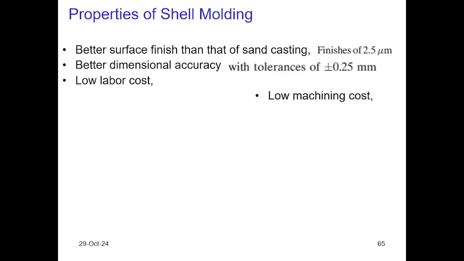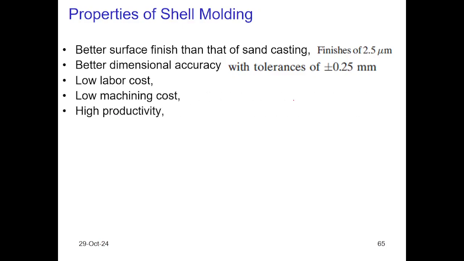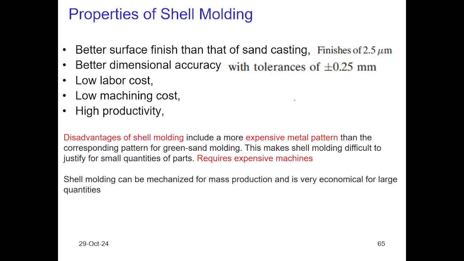Low labor cost, low machining cost, high productivity, so shell molding is proper for mass production. But the disadvantage is that it is necessary to use an expensive metal pattern. We use a metal pattern and keep it at a higher temperature. When the sand particles together with the resin are poured onto the pattern, they are cured because the pattern is hot.